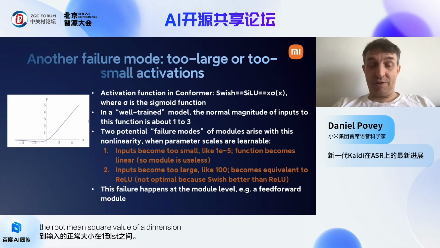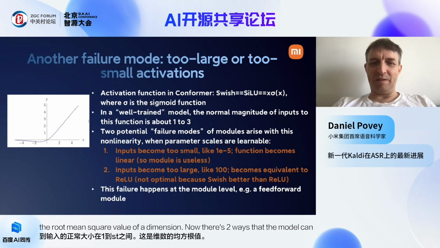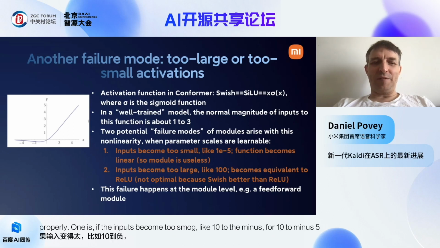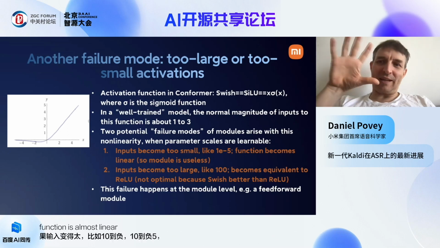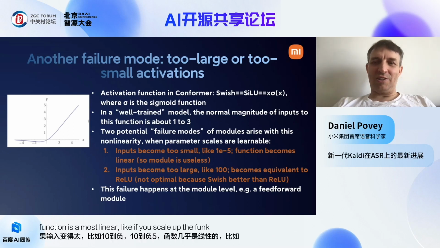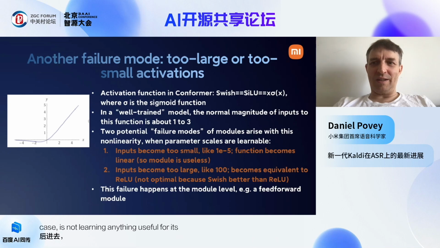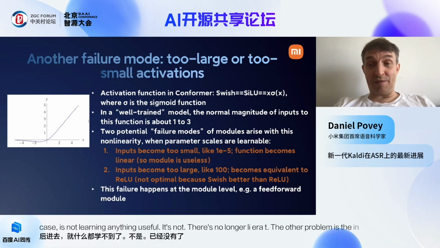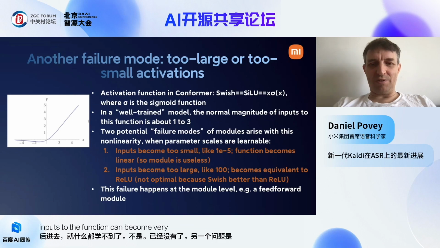Now, there's 2 ways that the model cannot train properly. One is if the inputs become too small, like 10 to the minus 4, 10 to the minus 5, the function is almost linear. If you scale up the function, it's just y equals x. And in that case, it's not learning anything useful. There's no nonlinearity. The other problem is the inputs to the function can become very large, like 100.